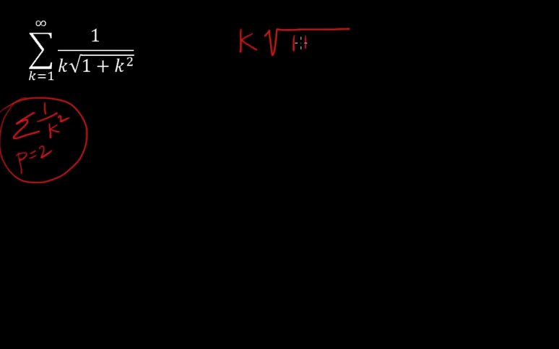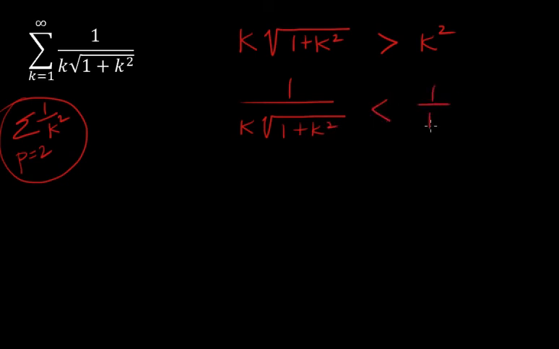k times the square root of 1 plus k squared is greater than k squared. And therefore, taking reciprocals because they're both positive, 1 over k times the square root of 1 plus k squared is less than 1 over k squared, and that's just what I wanted.